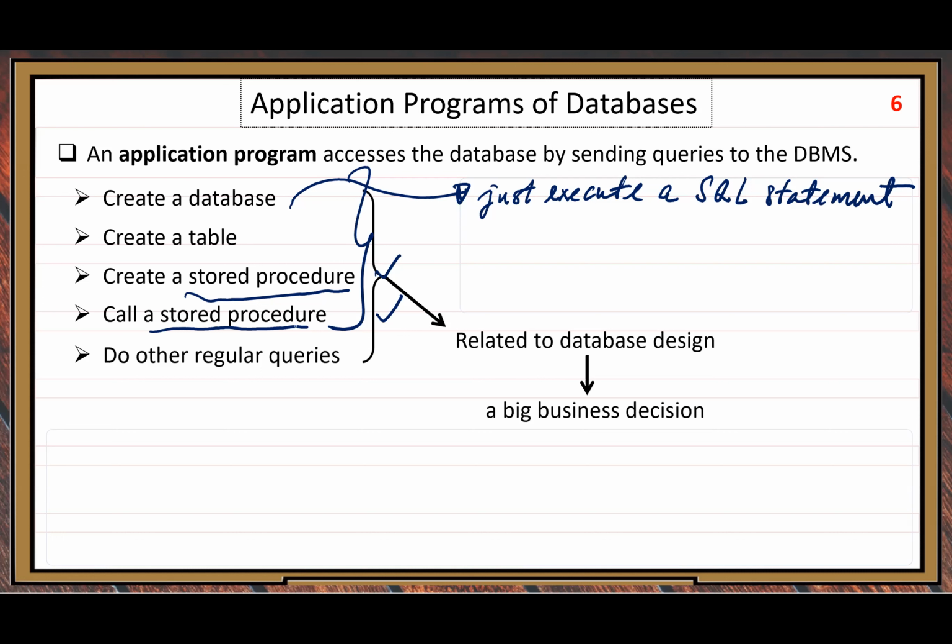Otherwise, the programmers may create a large number of databases. That resource should be controlled, not given to all the programmers. Things like that, business decisions. The capability is there, but you may not have the permission, the privilege to do it.